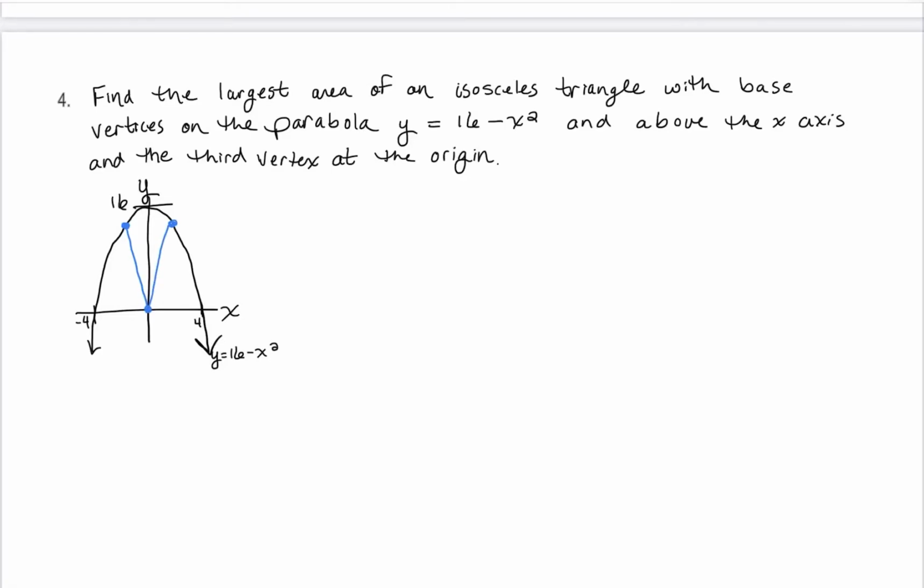And so there's the base vertices, and then there's the third vertex. All right, so the question is where should we have these base vertices? So where should I place those in order to have the triangle with the largest area possible?